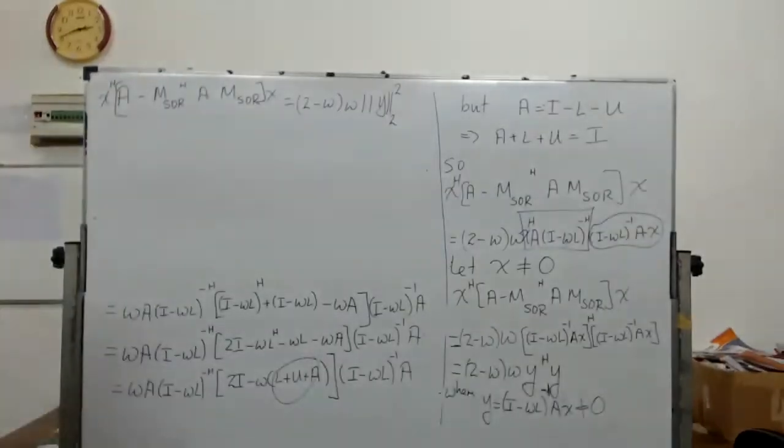So eventually you get x Hermitian times (A minus M Hermitian A M) times x is equal to (2 minus omega) times the 2-norm of y squared.